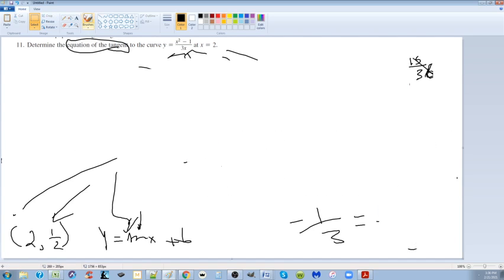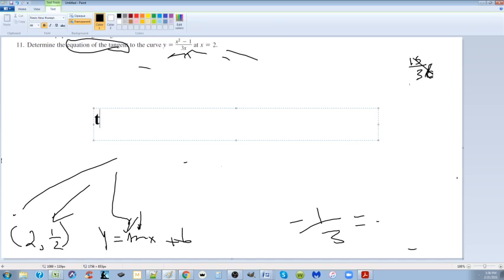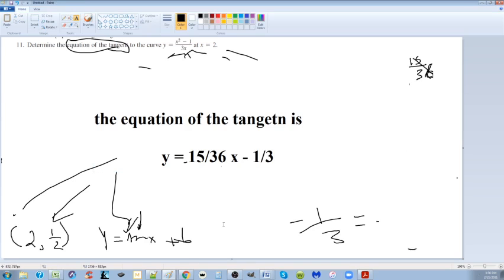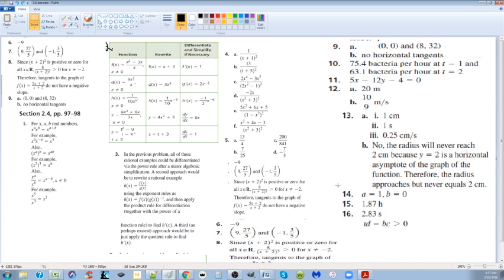The equation of the tangent is y is equal to 15 over 36 x minus 1/3. Hopefully I got it. Let's see if I did. I could very much see making an arithmetic error on that.